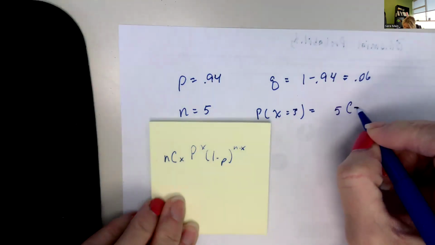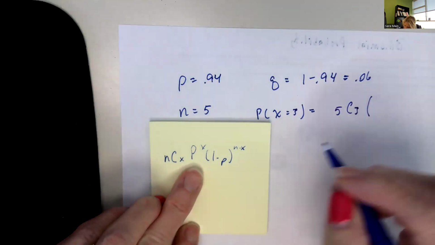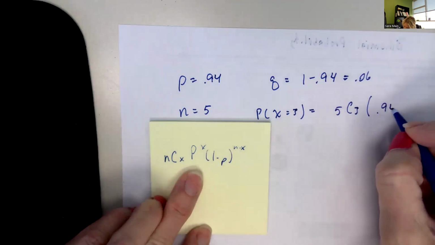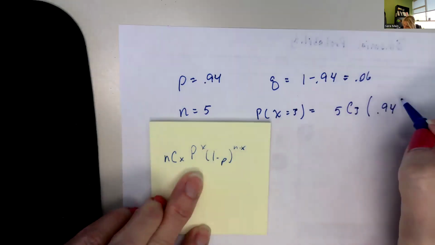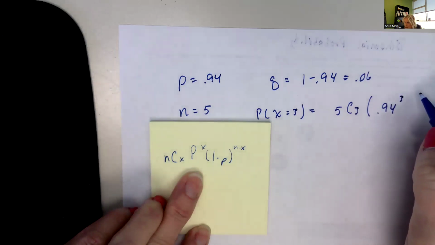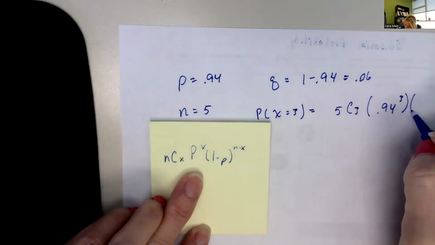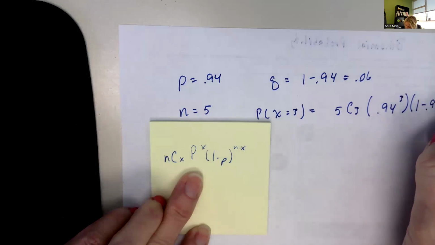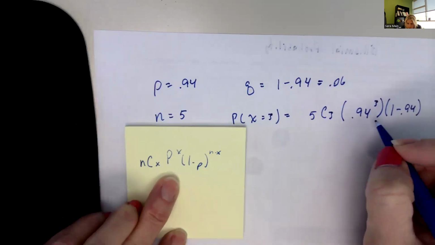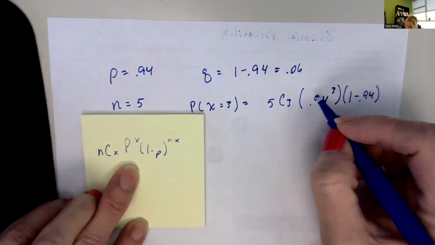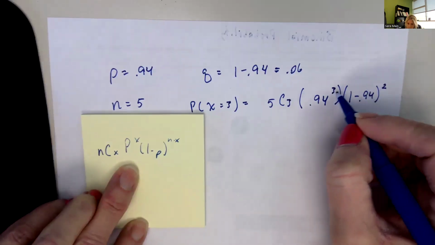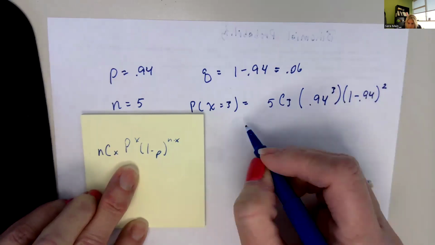So 5 choose 3, and then we multiply P, which is 0.94, to the number that we're choosing. We want 3 of them to belong to the workers' union, and then 1 minus P, or you could do 1 minus 0.94 or type 0.06, raised to the 5 minus 3, or 2.